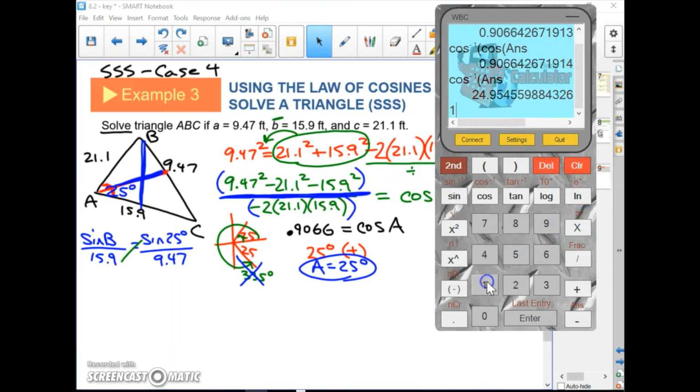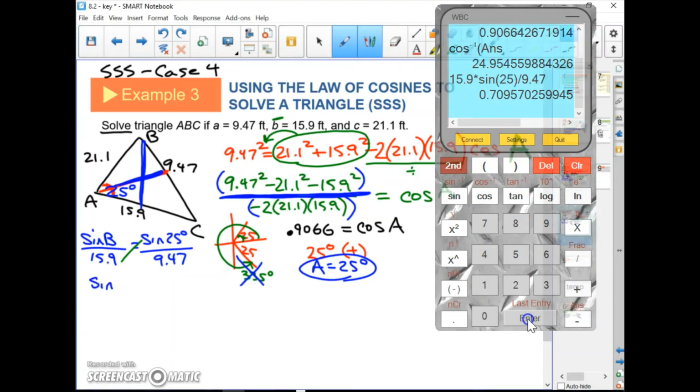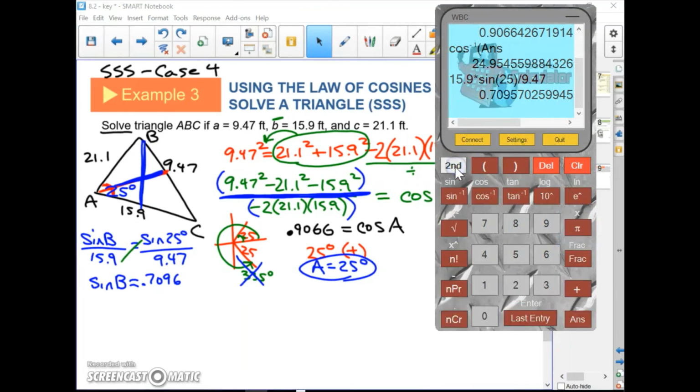It's going to look like 15.9 times sine 25 divided by 9.47. About 0.7096. I like rounding to 4 decimals. Sine B is about 0.7096. Now I would write down 0.7096, but I leave that whole number inside my calculator for the inverse sine.